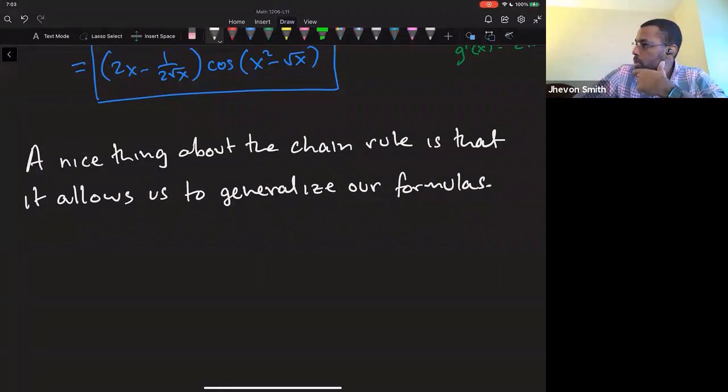So for example, I know that the derivative of sine of x is cosine of x. It turns out that I can get more general than that.